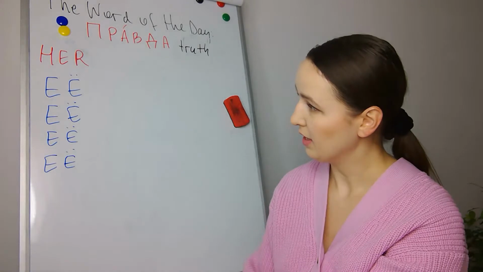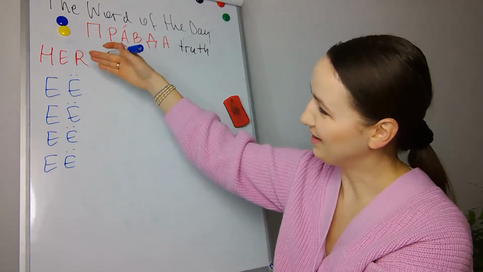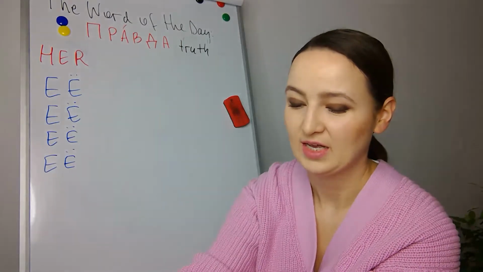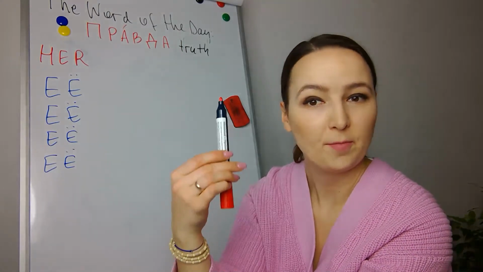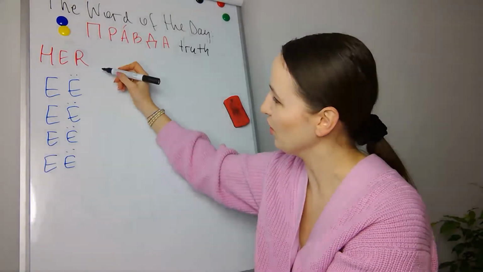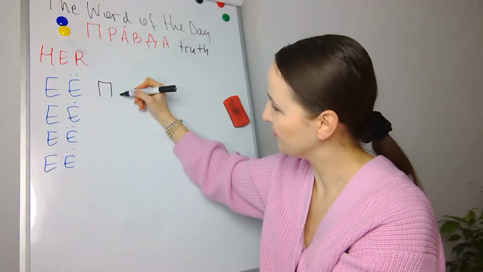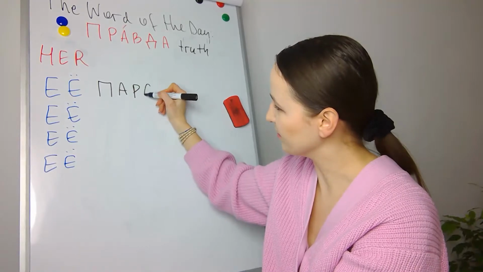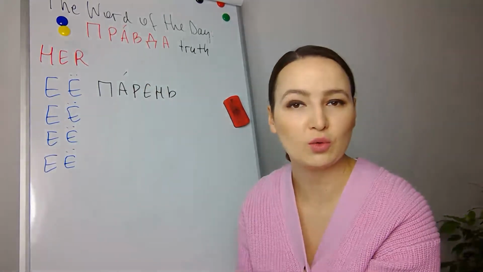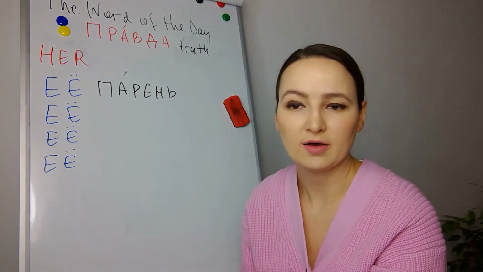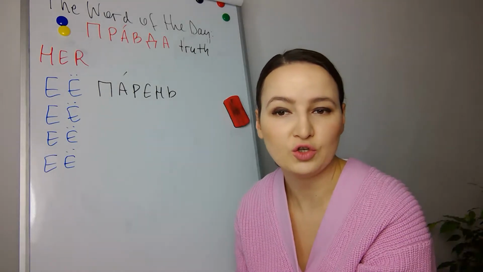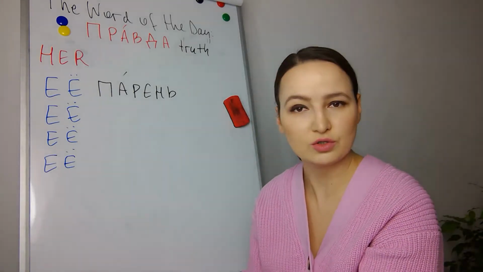For example, её and a noun in masculine. Let's take the word парень. I want you to memorize this word. That's very strange that we in Russia use парень. In Russian language, we use this word very often, but some of my new students don't know this word.